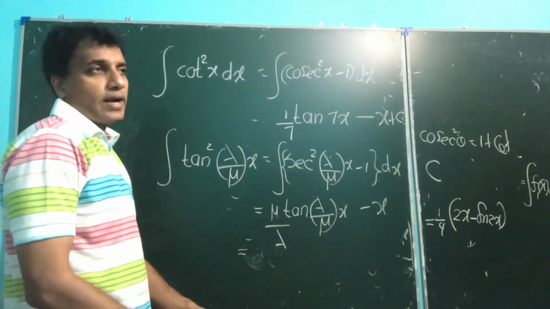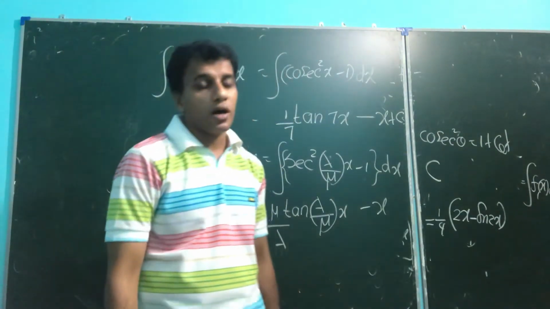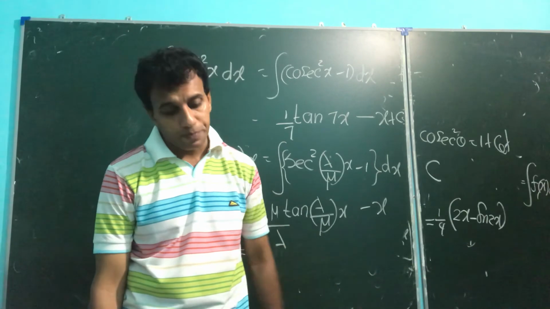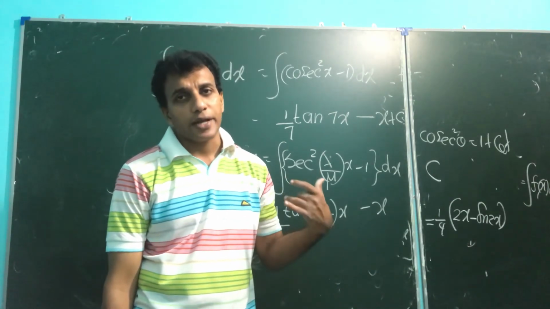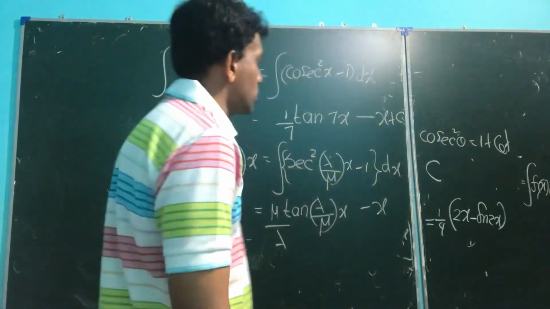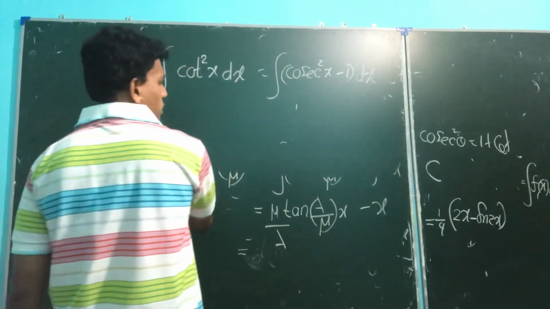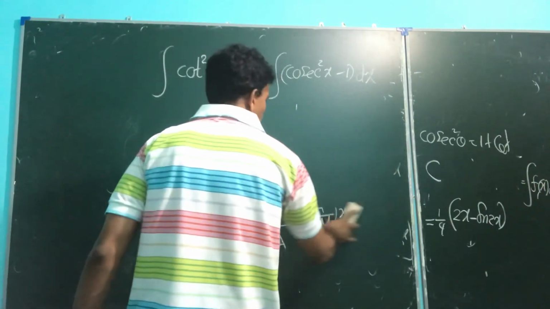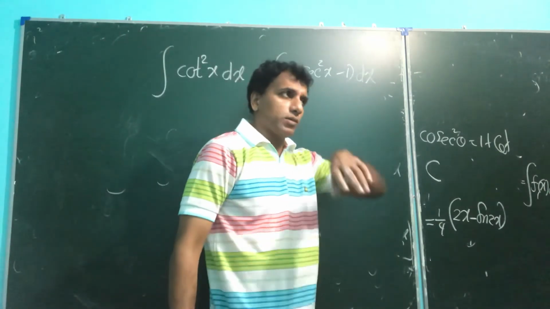That's the method. Convert to the cosec square form, like earlier sec square theta is 1 plus tan square. Same method, convert to that. Now you can do the integration part. Do you know the differentiation?